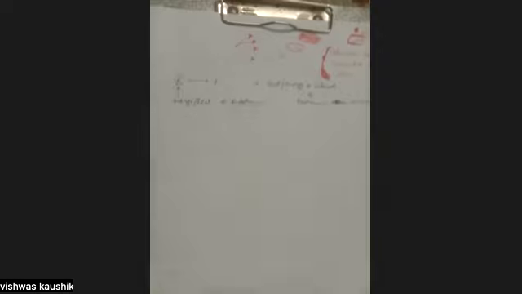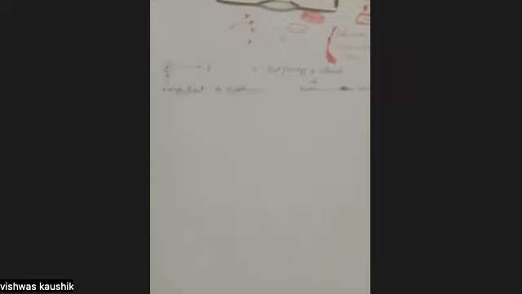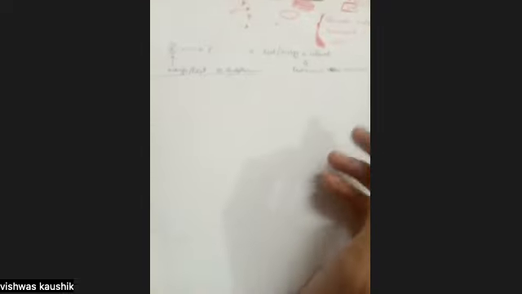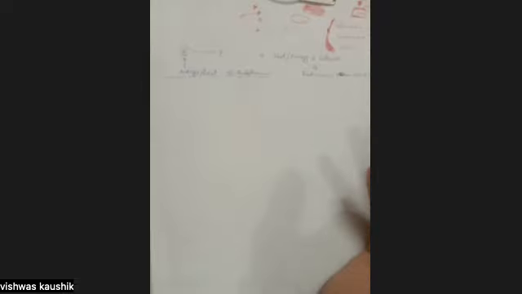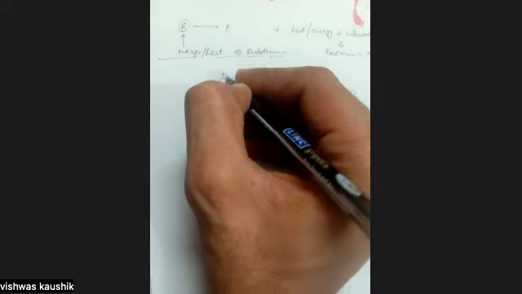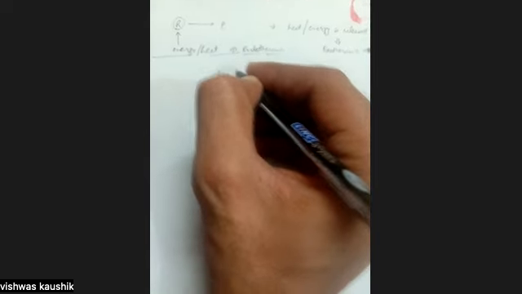Arrhenius was the first scientist who gave this relation. The equation is log K2 by K1 equals Ea by R times (T2 minus T1) upon T1 T2. This is the integrated form, which gives the relation between rate constant, activation energy, and temperature.